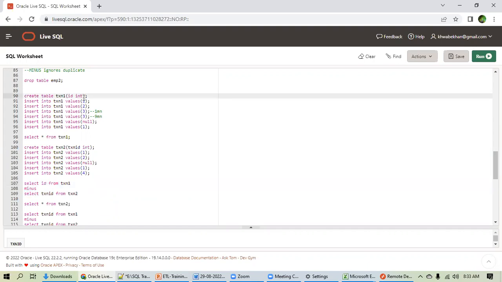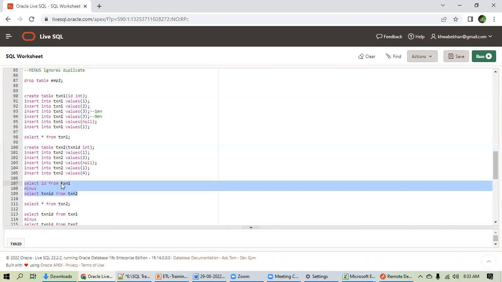No. See, that is what I mentioned in the beginning. The SQL engine is not bothered about how many columns you have in the transaction 1 table, or what the data types are. It will just look at what you have mentioned here. Here you have mentioned that you want ID from transaction 1, and transaction ID from transaction 2.